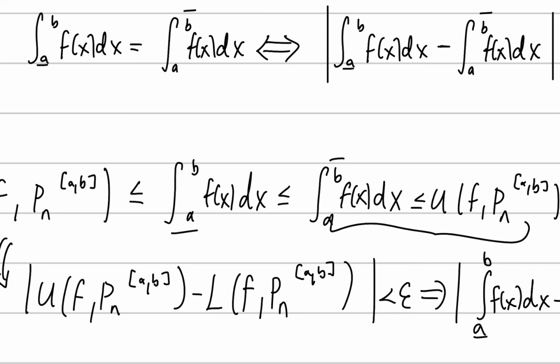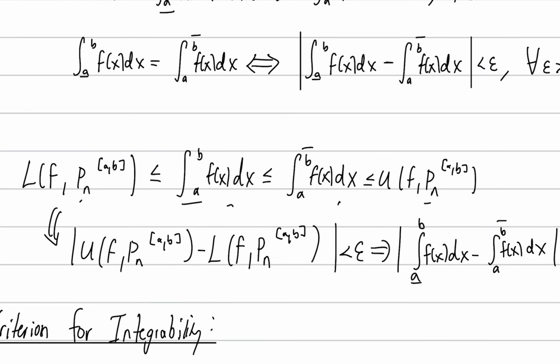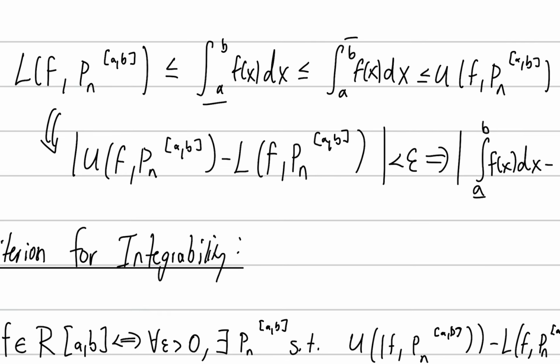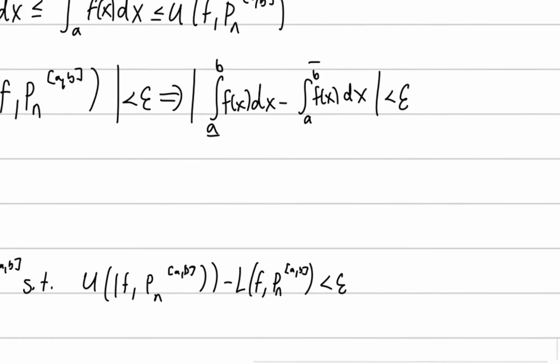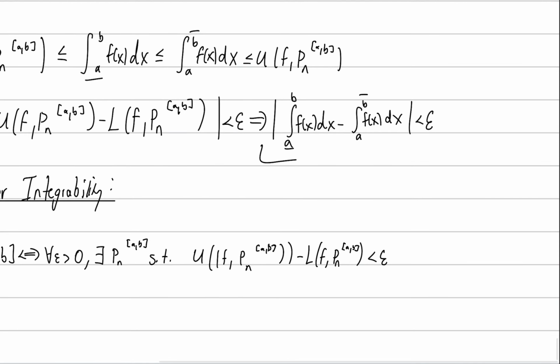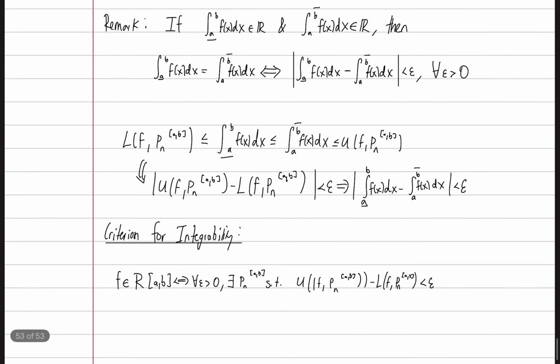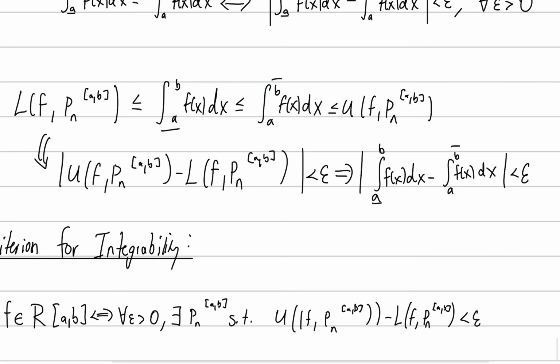And again, this inequality is obviously true, but you should know this series of inequalities because we can apply it here by saying that if we can make this difference less than epsilon for all positive epsilon, then we can imply this difference is less than epsilon, and so we've shown that this is enough to show that a function is Riemann integrable, right?